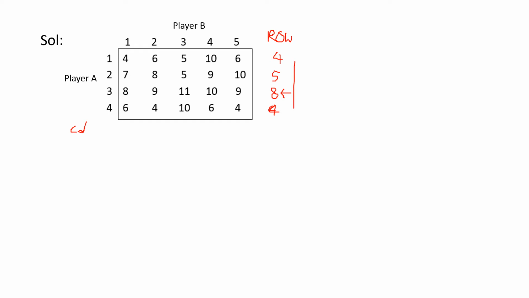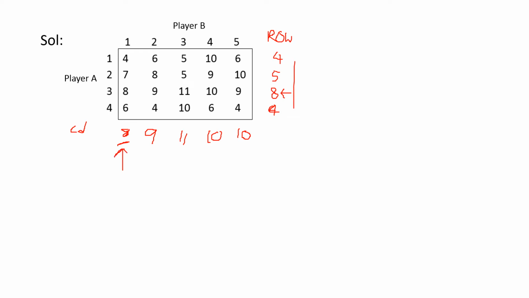This is 8, here it is 9, this is 11, this is 10, and this is also 10. For rows we took the maximum of the minimums. For columns, you have to take the minimum value, and that is 8.